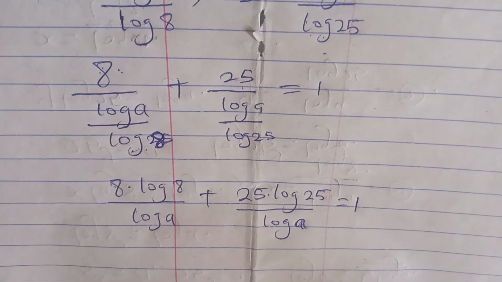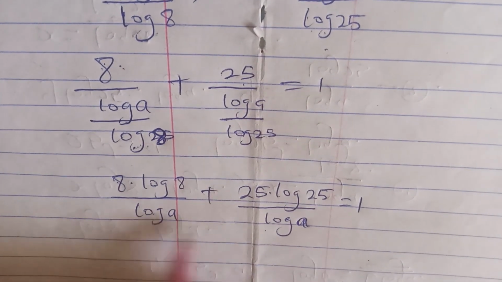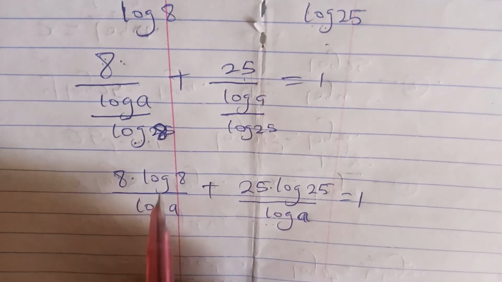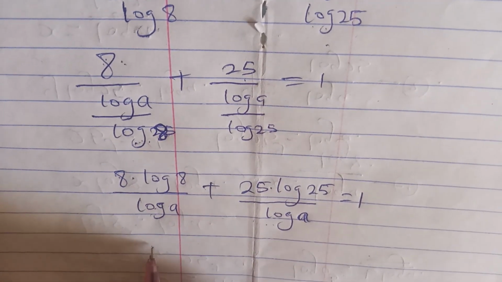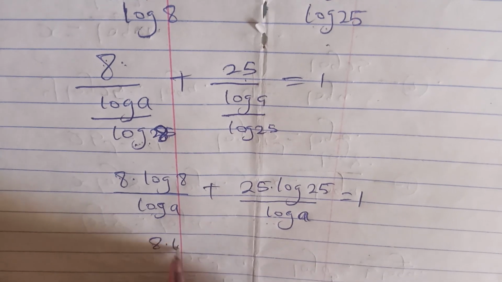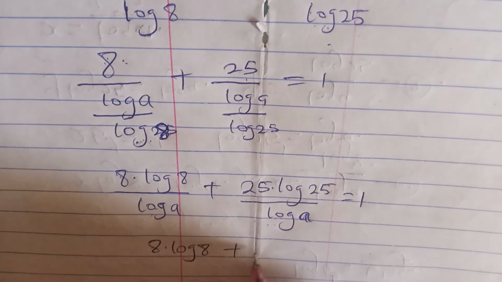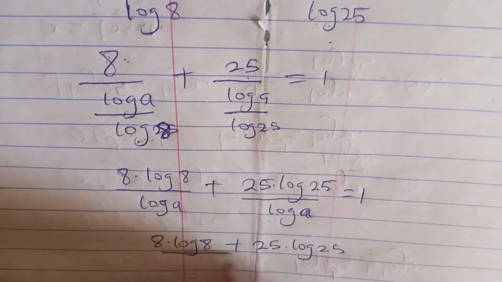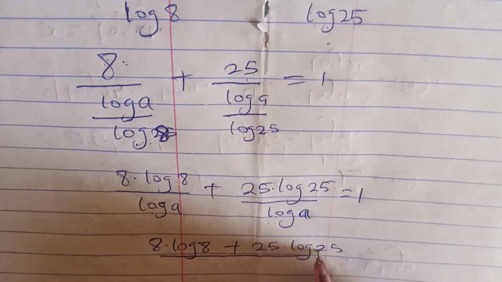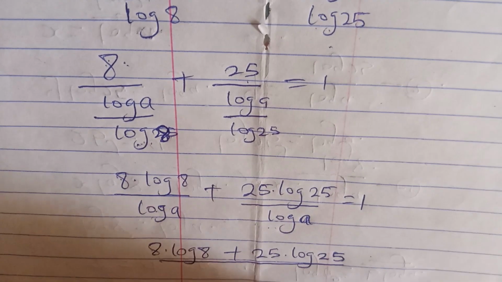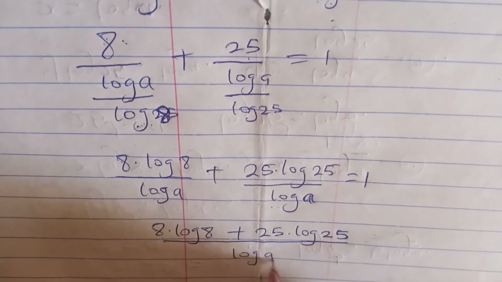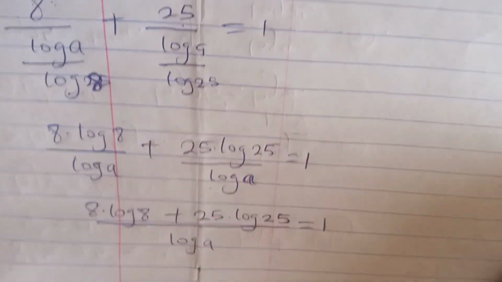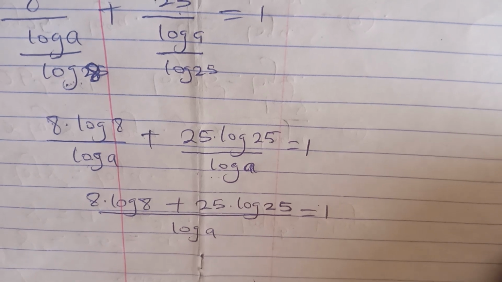Since we have this, we can find the LCM of the denominators, which is log a. So we arrive at 8 times log 8 plus 25 times log 25, over log a, equals 1. So what then is the next step?